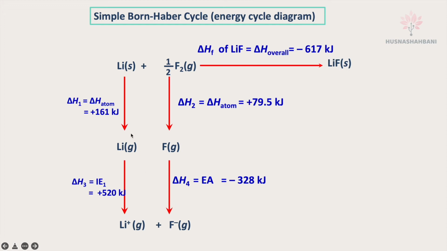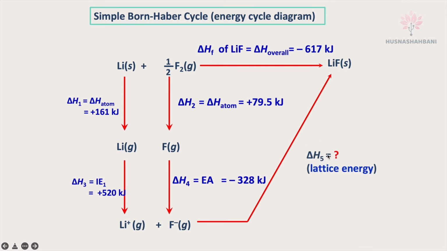And then after you've done atomize and ionize both, you can straight away calculate the lattice energy. You know that lattice energy is the energy when you have the gaseous ions convert to become solid compound. So now you have both gaseous ions and then straight away to become LiF. That is what we call lattice energy. You have to calculate the value of this.